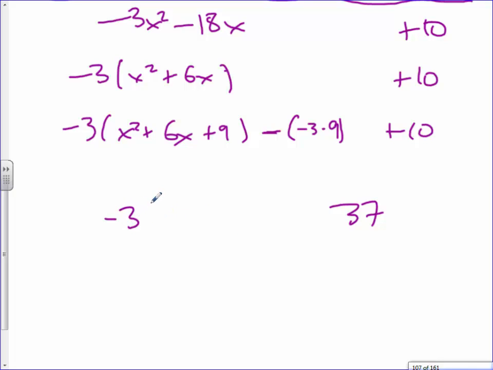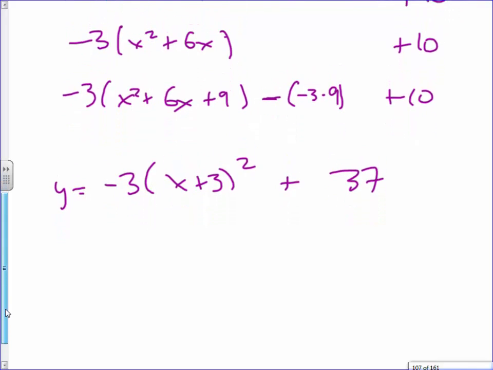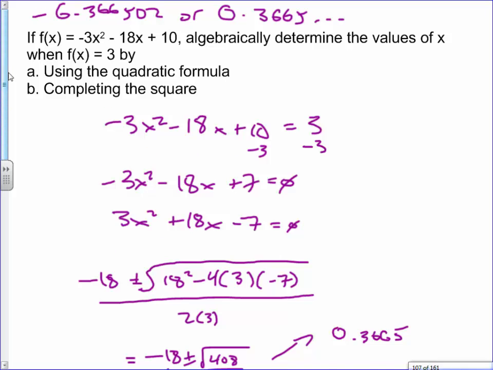You have a minus 3 right here, and this will be x plus 3 all squared. So this helps you complete the square. We now know where our vertex is. This is also possible to solve. What was this supposed to equal? It was supposed to equal 3, was it not?